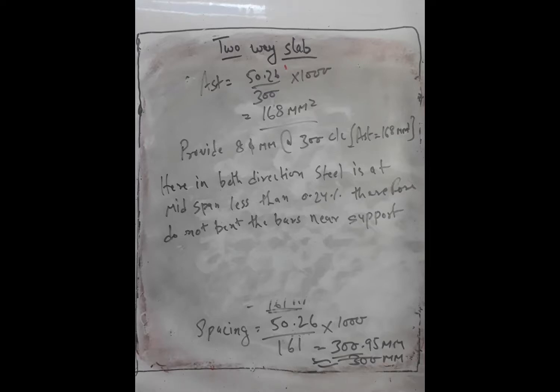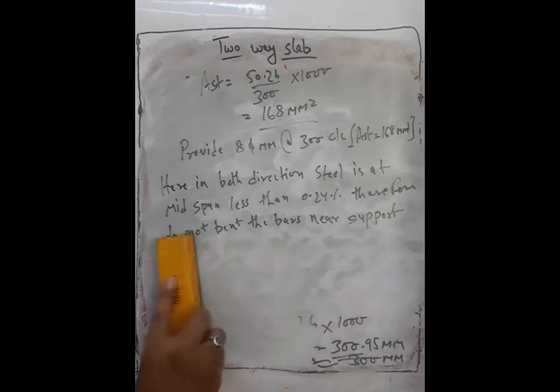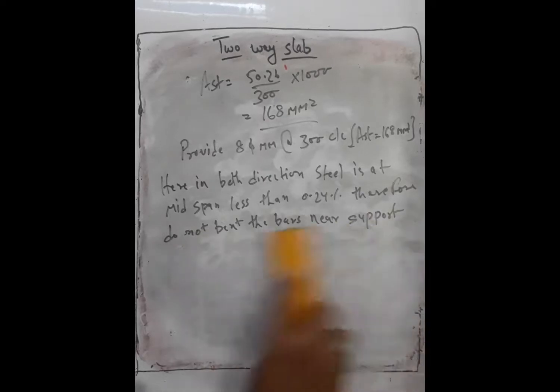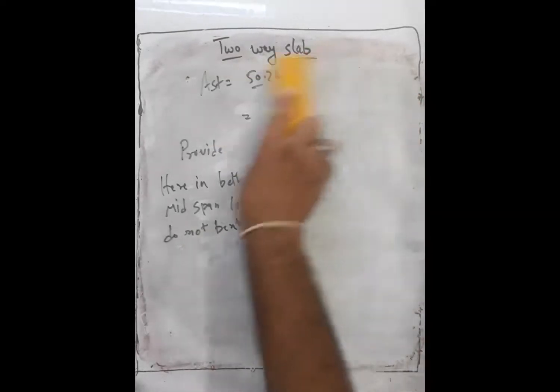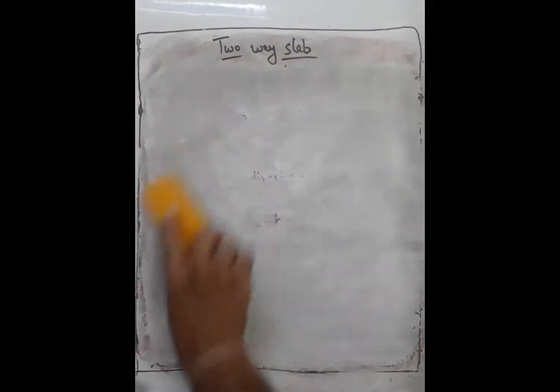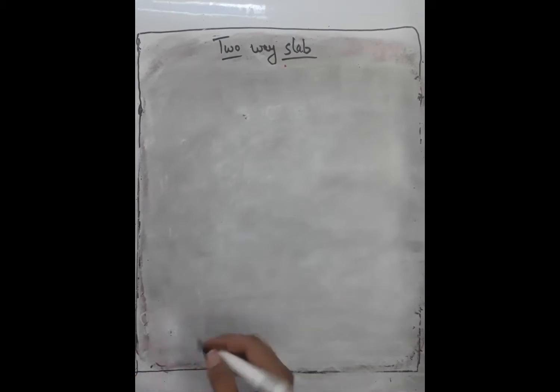Now after finding this, we have to find the edge strip and middle strip, because our question is for a corner held down position, and for that we require tension reinforcement. So for tension reinforcement we also have to calculate the edge strip and middle strip. We already know the formula.